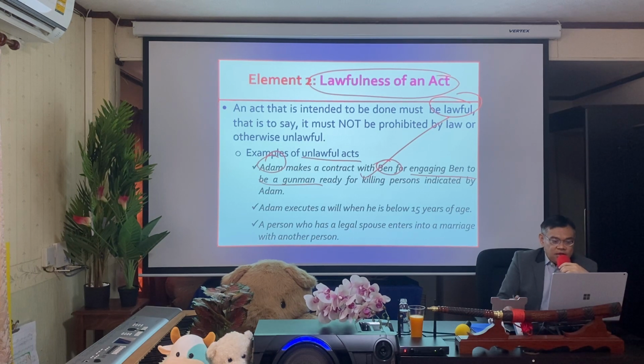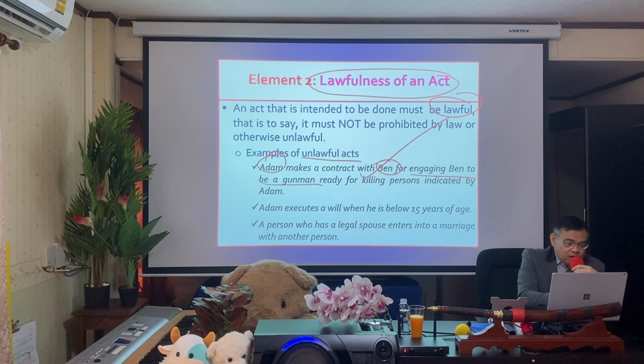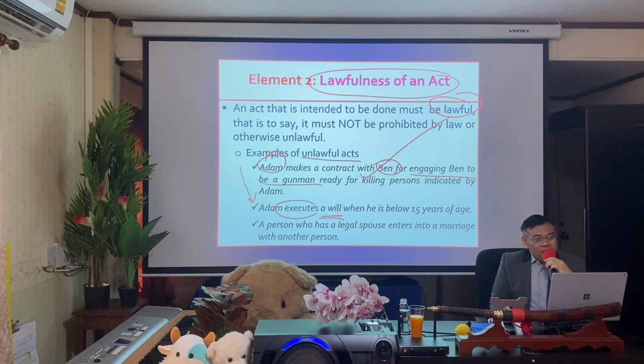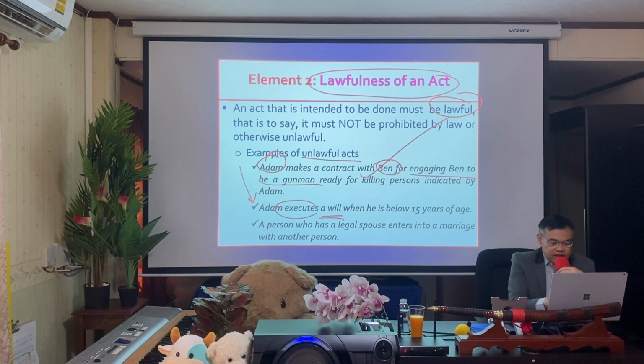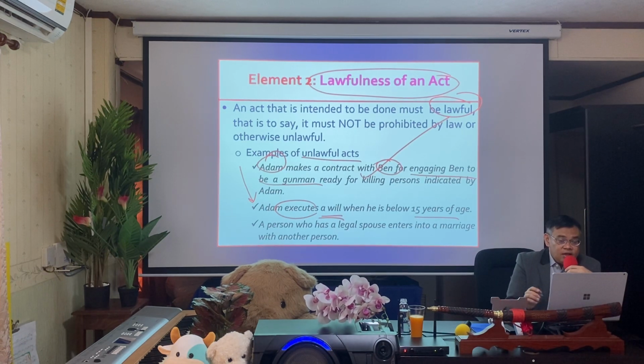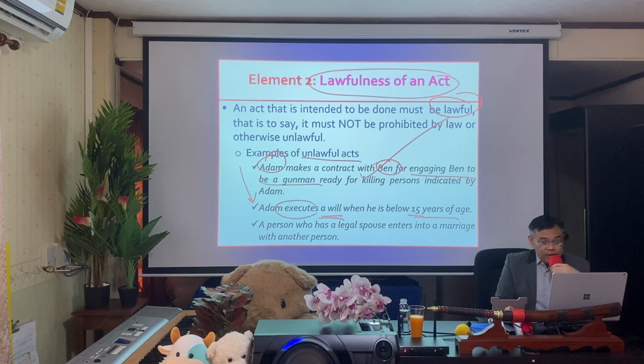Now, moving on to the next example. Let's say that Adam executes a will. The law says that for anyone to make or execute a will, that person must be at least 15 years of age. Let's suppose that Adam executes a will when he is below 15 years of age.